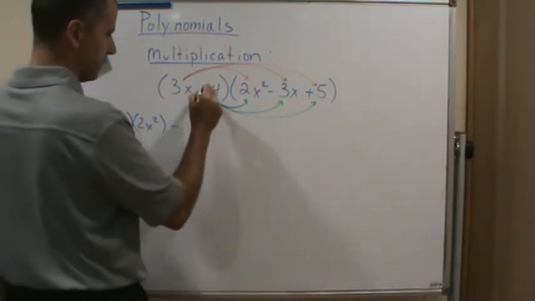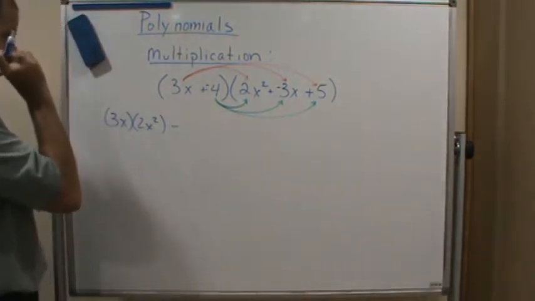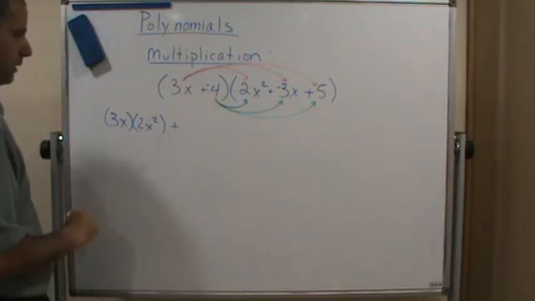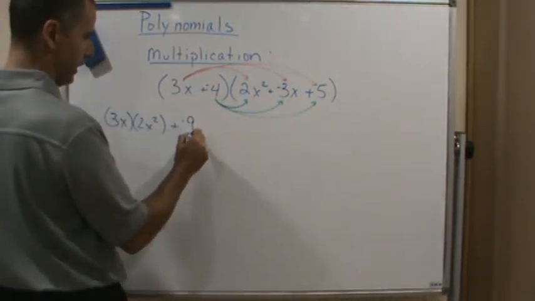You know what? Let's just change these to plus negatives just so you can see what I'm doing. I think it'd be easier. So I'm going to change this to a plus.